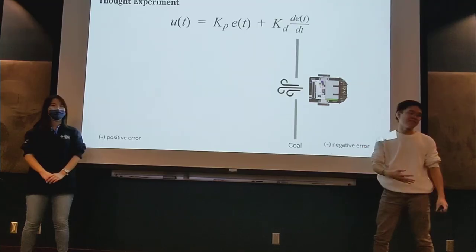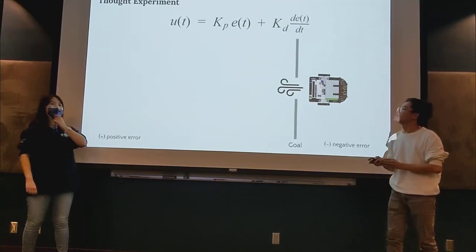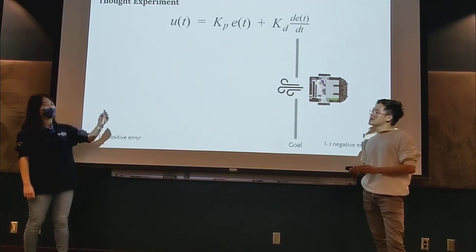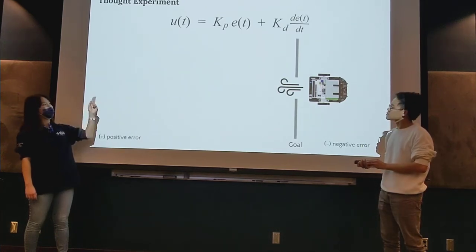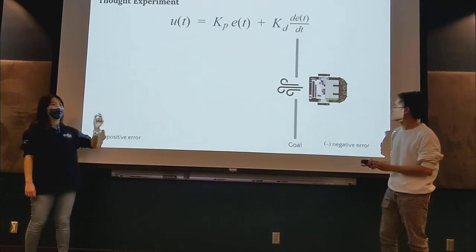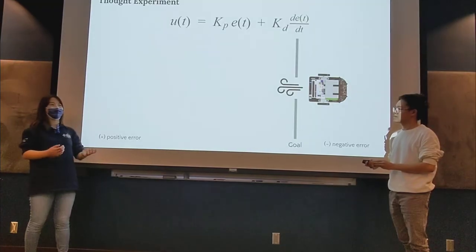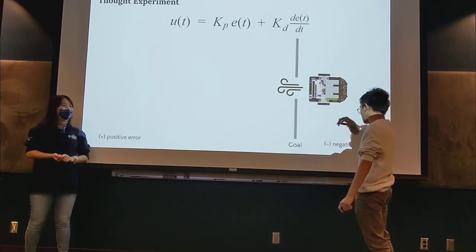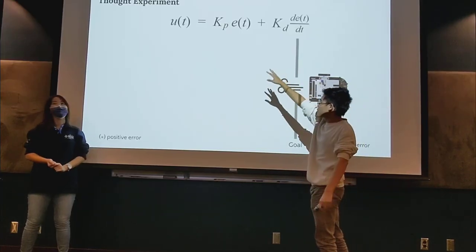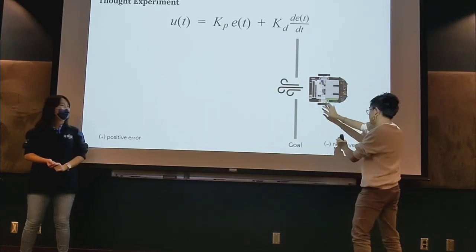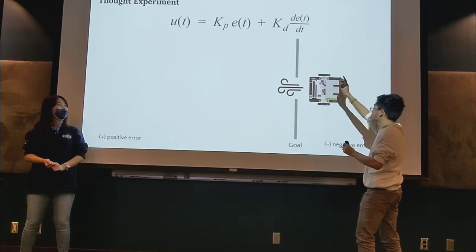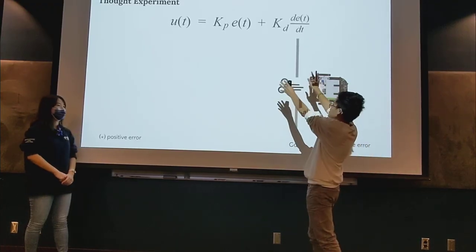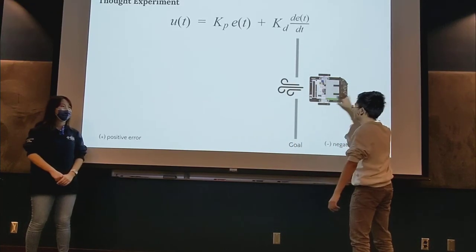This change will be reflected in our P subcontroller and our derivative subcontroller. It mathematically works out. So now we have a small negative error, so this term would be negative, and since we're still headed in this direction, the derivative is still negative, so both of these terms are negative. Both of them are telling us, hey, we need to go back.